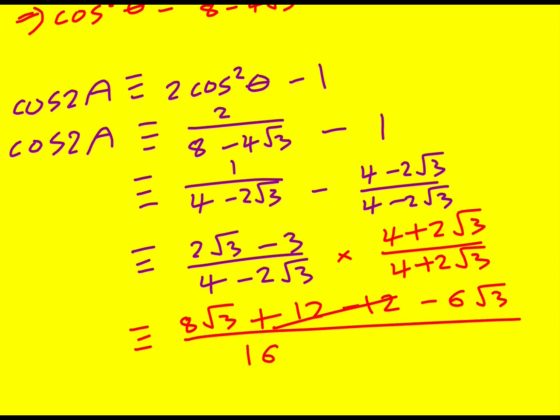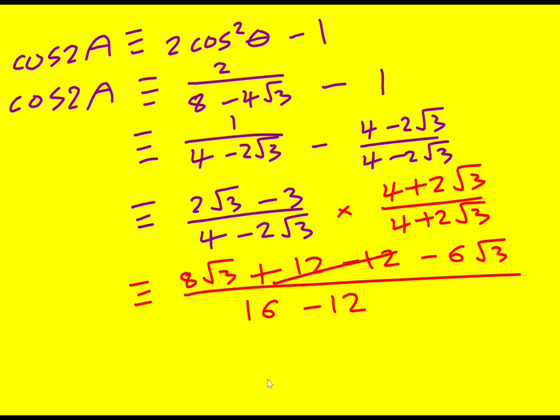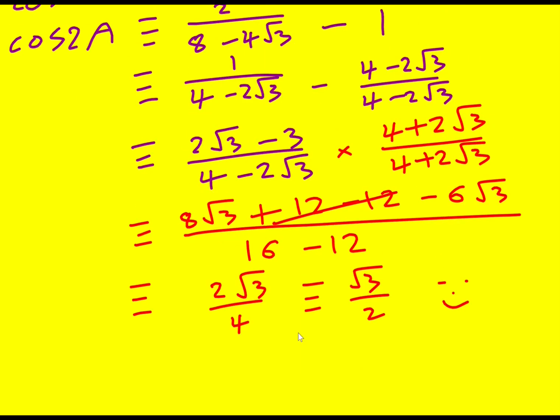Divided by 16. And remember, this is a difference of 2 squares, so I just need to do this one times this one. 4 times 3 again, so it's going to be minus 12. Which is 2 root 3 over 4, which is root 3 over 2. And at that point, we are very happy because root 3 over 2 is a classic value for cos 30.